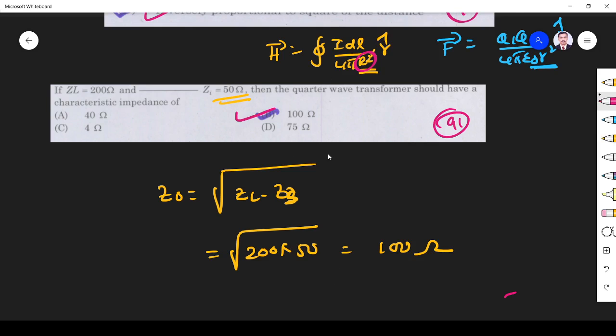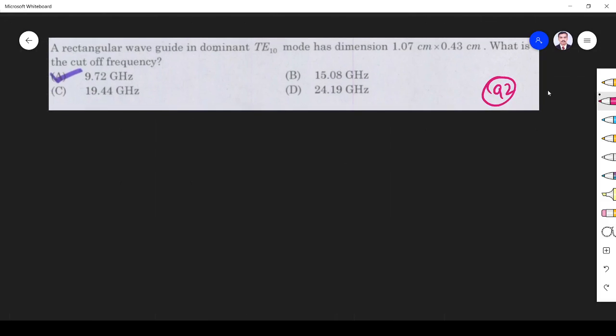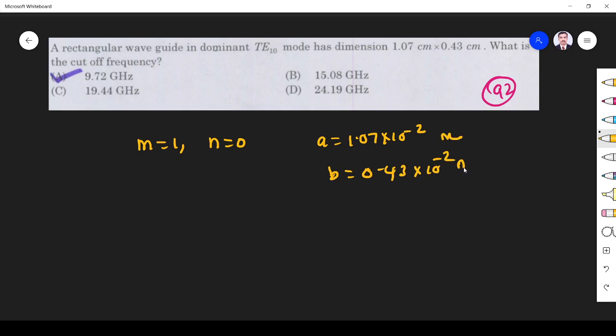And the next question is 92. A rectangular waveguide in dominant TE10 mode, so m is equal to 1, n is 0, has dimensions a is 1.07 into 10 power minus 2 meter, b is 0.43 into 10 power minus 2 meter. What is the cutoff frequency?